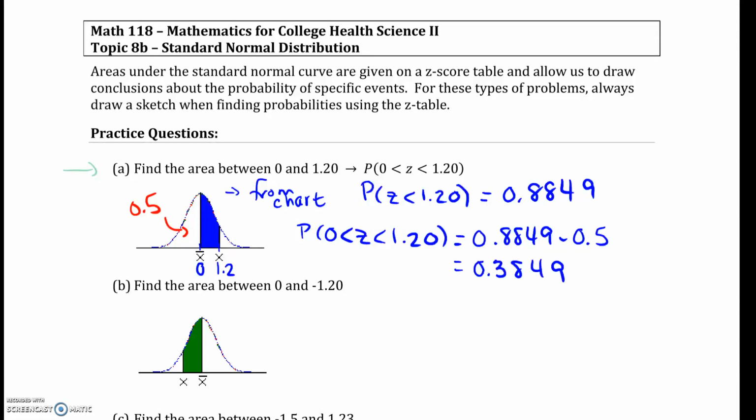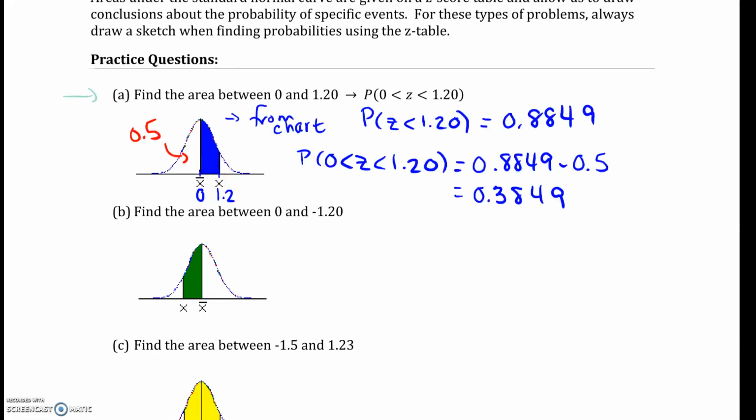If I want to find the area between negative 1.2 and 0, all right, I'll use my values from the chart a little bit differently.